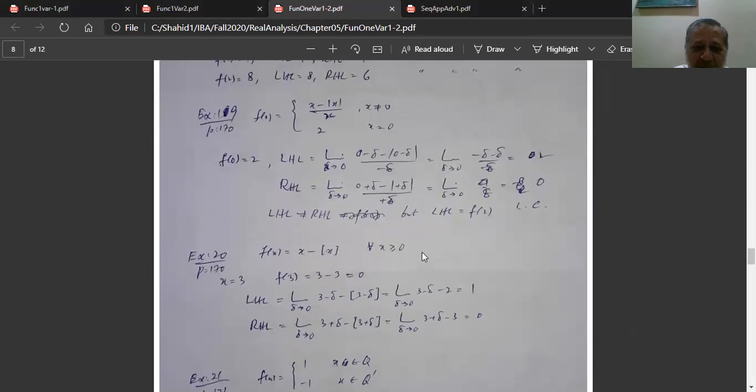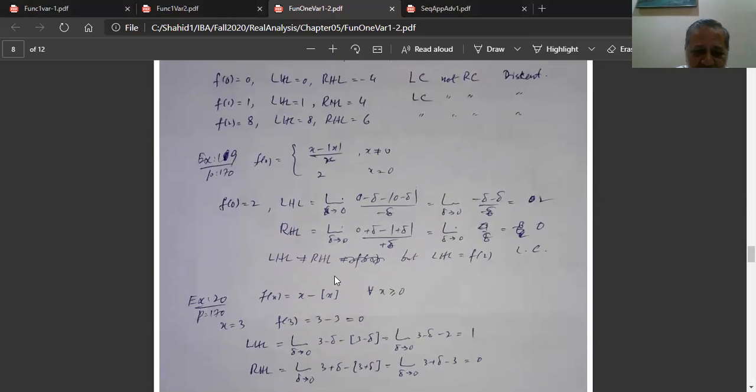यहाँ बता दूँ कि ये mod x है जबकि ये bracket x है. And what was bracket x? I hope some of you remember.